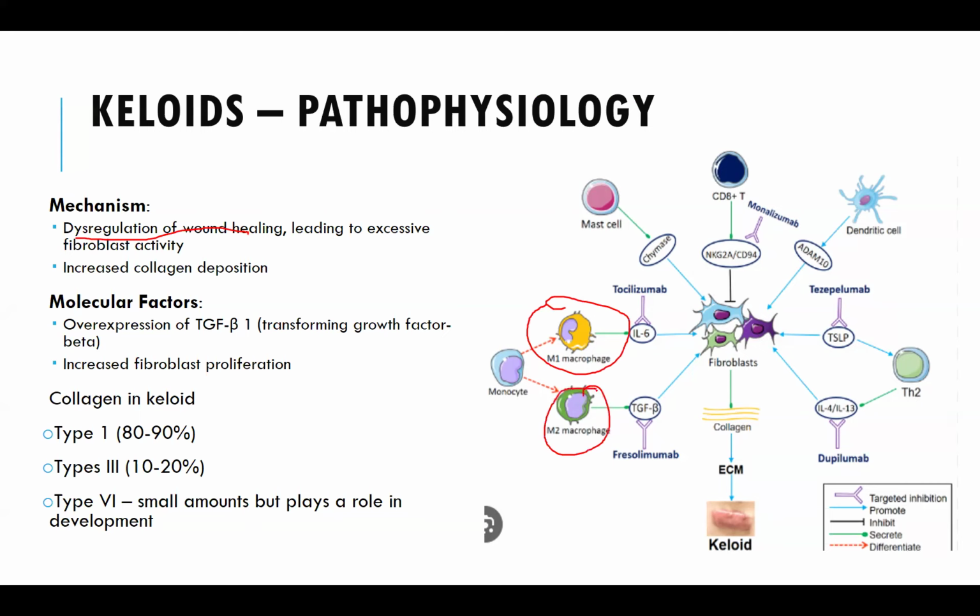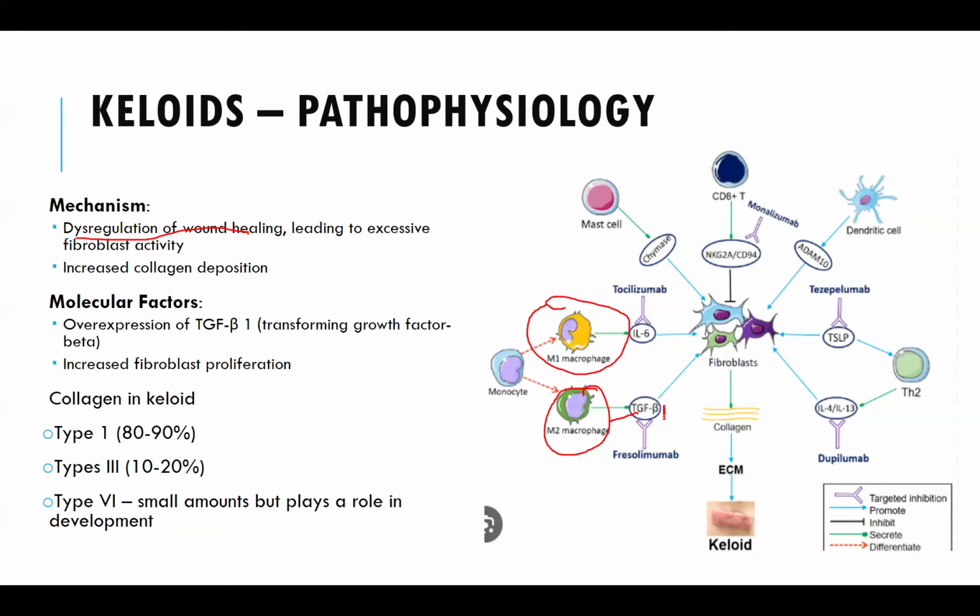The type 2 macrophages usually release a substance we call transforming growth factor beta type 1. This transforming growth factor beta type 1 is responsible for stimulating production of more collagen.